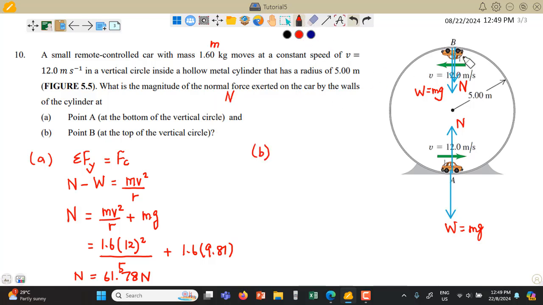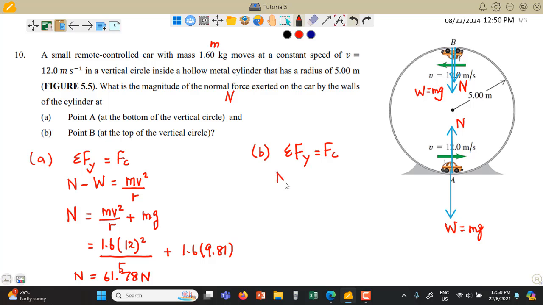By referring to the forces we drew on this remote car at position B, we can see very obviously the weight and also the normal force both are pointing towards the center of the circle. I repeat, both the weight and normal force are pointing towards the center of the circle.